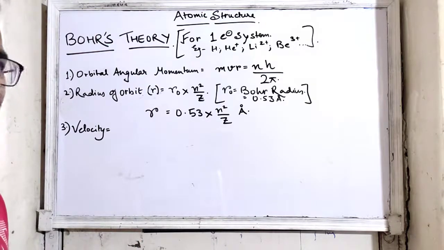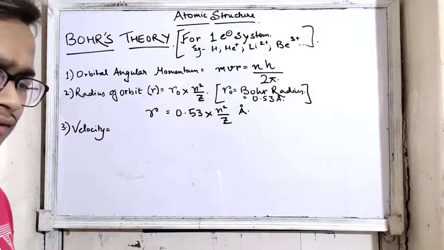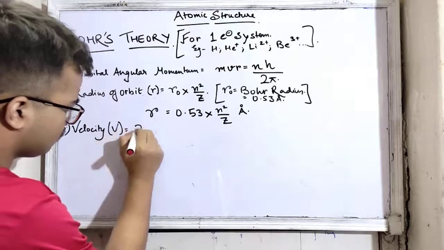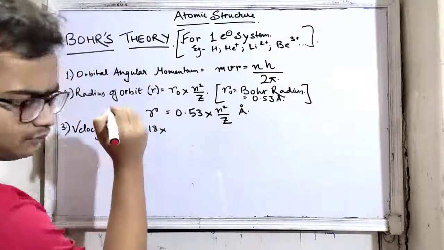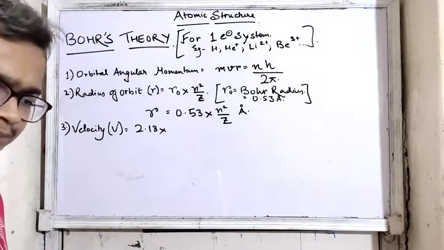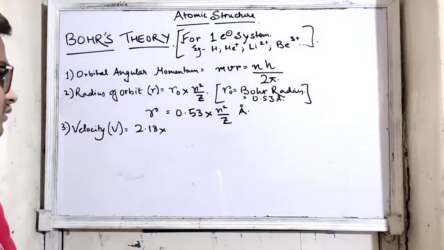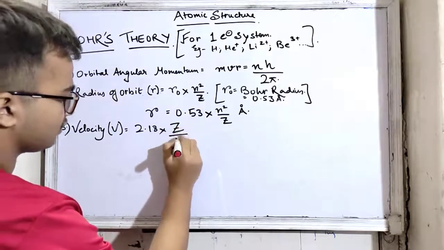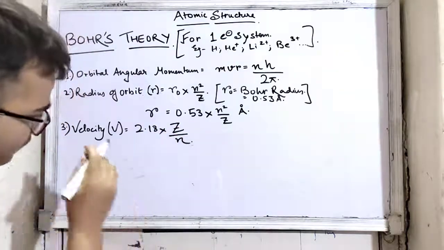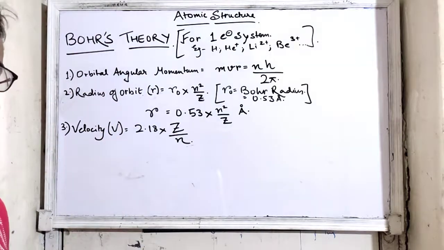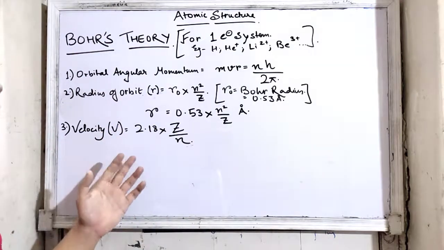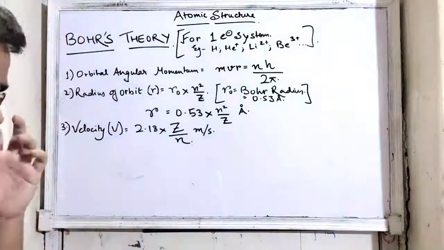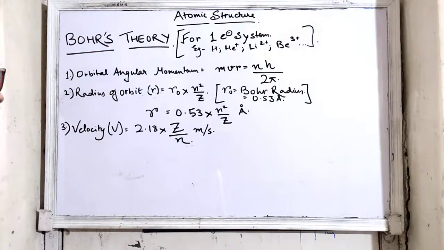After various derivations, he came to the formula of velocity, which is v equal to 2.18 into z by n, whereas for the radius of the orbit it was n square by z. Z is the atomic number. So this is in meters per second: 2.18 into z by n meters per second.